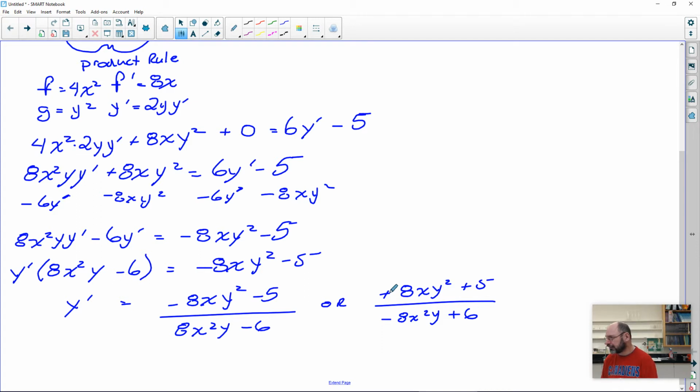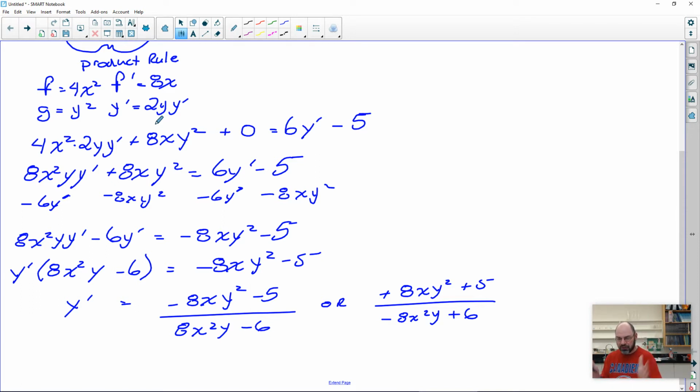So that's our first example of product rule inside a large equation that we have to take the derivative of, that has a bunch of y's and y squareds and things like that. Now, this one had a positive in front. In the second example, we're going to do a similar type equation, but we're going to put a negative in front to show you that you have to be careful with negatives.